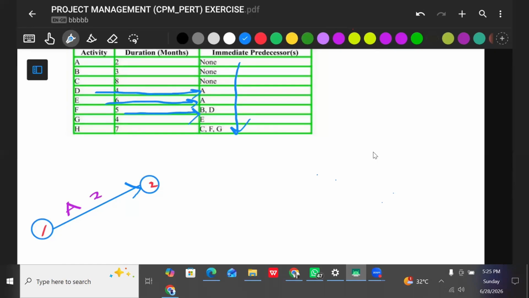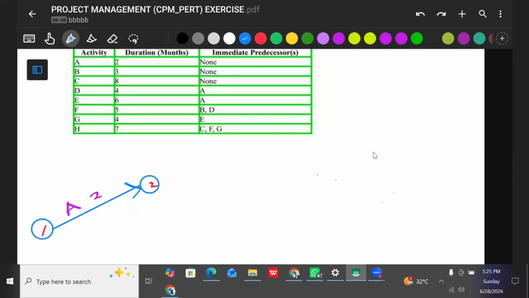When you come down to H, you also see that at some point, C, F, and G will meet at a point. Well, for now, let me not bother you with that, but I'm just trying to show you this so that if you want to start drawing, you will minimize your mistakes and your cleaning. But for now, since you are just learning, let's leave that aside. Let's just go as we come across the activities.